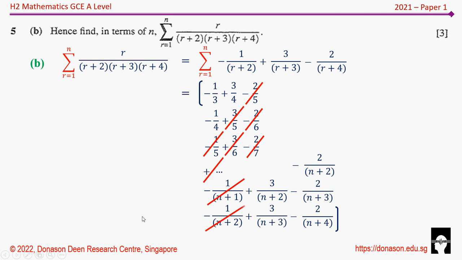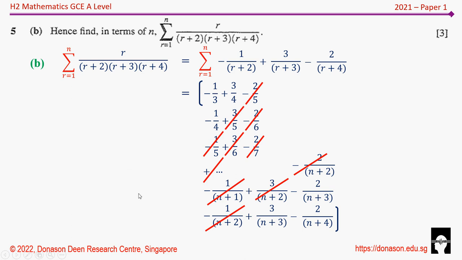So we know that these 3 terms can also be cancelled. That will leave you with only this, and this left: minus 2 over n plus 3, plus 3 over n plus 3, and minus 2 over n plus 4. Everything else in between would all have been cancelled off.